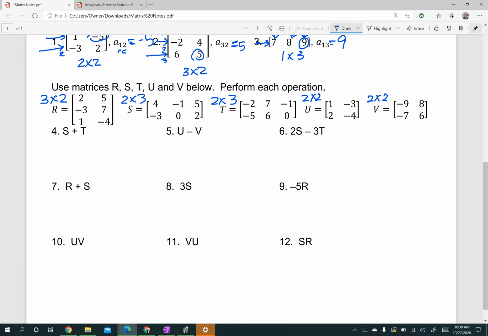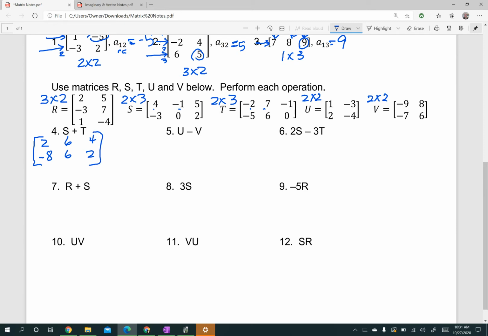So if I'm going to add S plus T, basically, I would say 4 plus -2 is 2. And -1 plus 7 is 6. And 5 plus -1 is 4. And -3 plus -5 is -8. And 0 plus 6 is 6. And 2 plus 0 is 2. And that would be the new matrix. I made that too big.